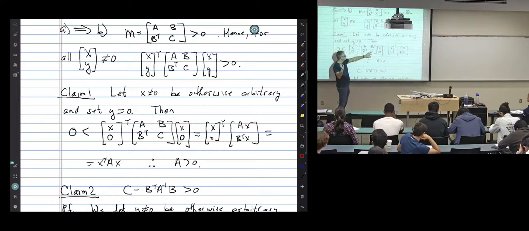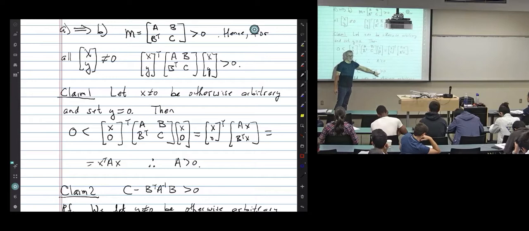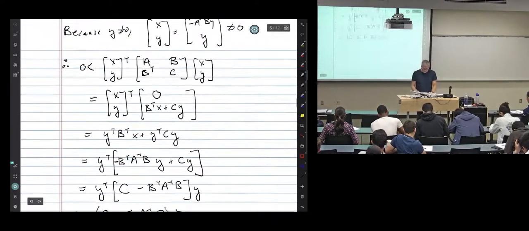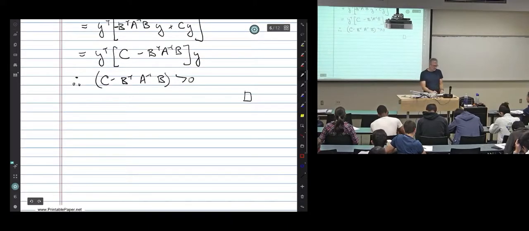But Schur's theorem is something much stronger, because it says C minus a positive definite quantity still remains positive. It's a stronger result. So I just take a different combination of x and y. We can talk more after class if you want.